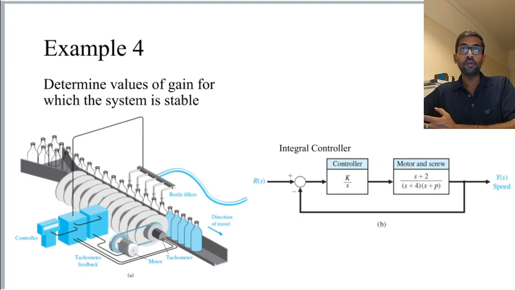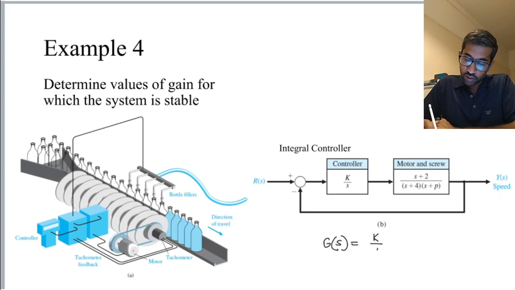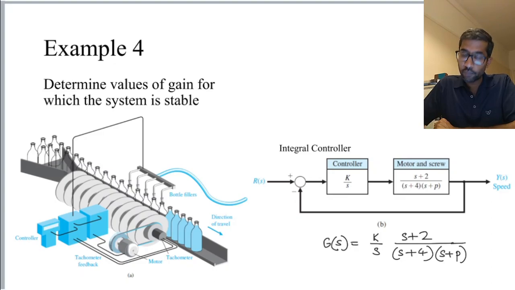So, as we said before, what we want to do in this case is to evaluate the transfer function of the system. Now, as you can see, it's fairly straightforward that the loop gain is k over s times (s plus 2) over (s plus 4) times (s plus p), where p is another parameter. Now, we want to write the transfer function.